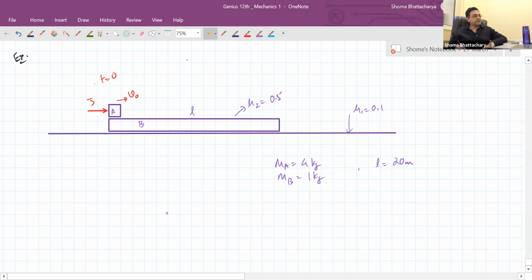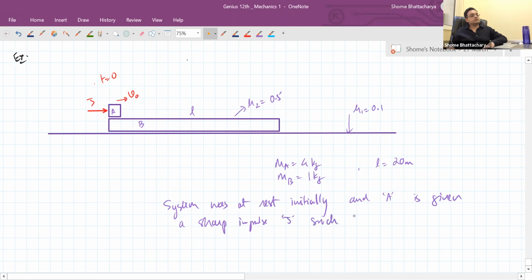So the system was at rest initially, and A is given a sharp impulse J such that its velocity v naught is, let's say, 8 meters per second.